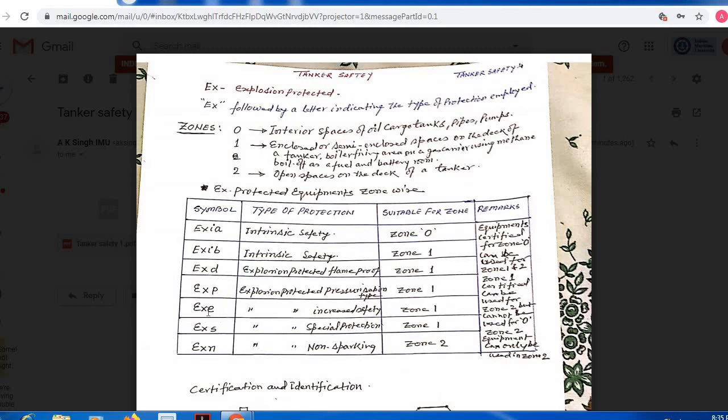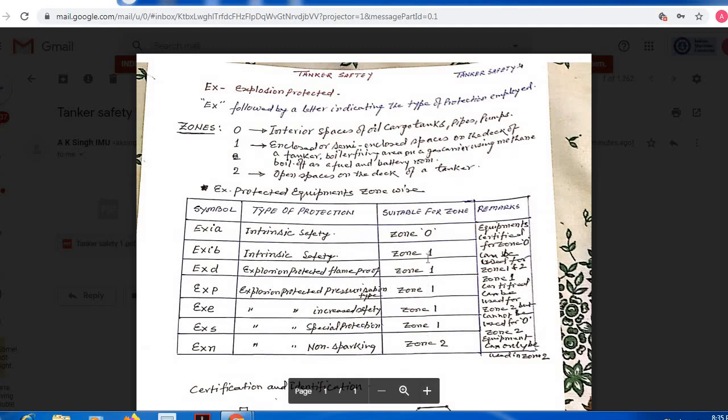EXE is explosion protected, E stands for increased safety. EXS is explosion protected special protection. So these are the ones which we can use for zone 1. But since these have a higher standard than the EXN type, we can use them for zone 2 also.